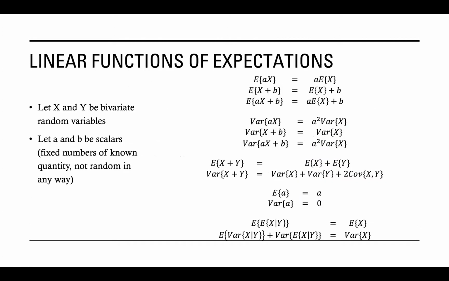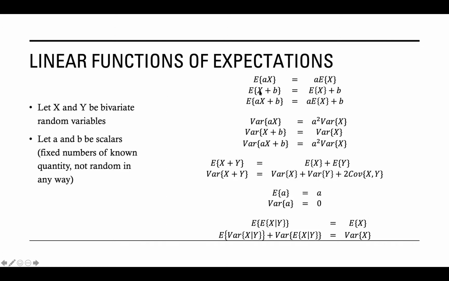So we can also talk about linear functions of expectations. So x and y are bivariate random variables. Let a and b just be some numbers. They are scalars. They are fixed numbers of known quantity. They're not random in any way. We can prove very easily that the expectation of some number a times x is just equal to a times the expectation of x.